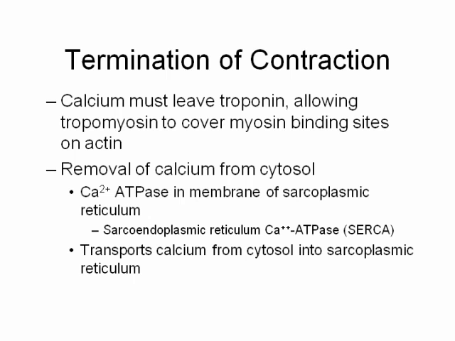So once we've got contraction, how do we terminate it? Well, the calcium has to leave the troponin, allowing the tropomyosin to go back over the myosin binding sites and prevent myosin from binding to the actin. So we remove calcium from the cytosol with what's called the SERCA. The SERCA is the abbreviation for the sarcoendoplasmic reticulum calcium ATPase.